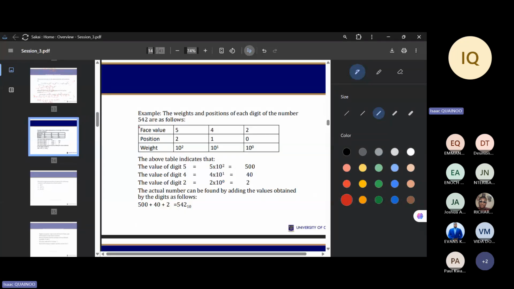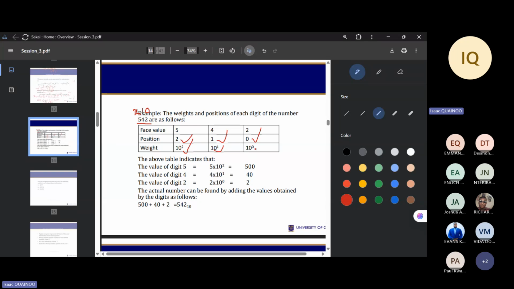We have the number 542, and we have the positions represented, right? So here we have 0, 1, 2. The position of the number 5 is 2. The position of the number 4 is 1. The position of the number 2 is 0. And the weight of the number 5, since this is decimal, is 10 raised to the power 2. The weight of the number 4 is 10 raised to the power 1.